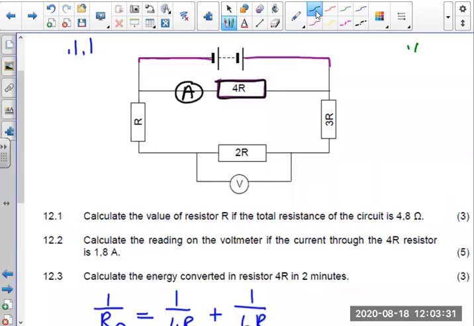So I have the current through the 4R, which was 1.8. And then I have the voltage, because we worked out the total voltage over the 4R, and if I remember that correctly, it was 14.4.